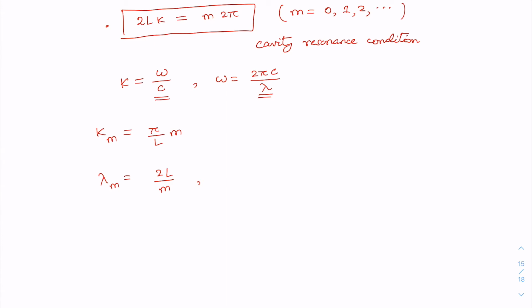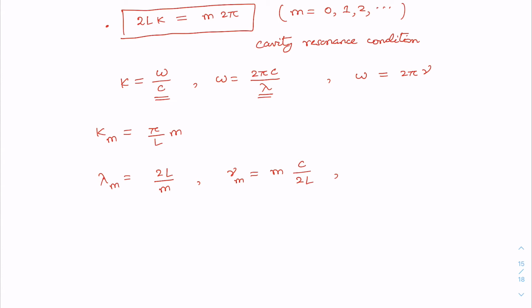In terms of frequency, because omega is equal to 2 pi nu, the allowed frequency nu_m would be m into c divided by 2L.